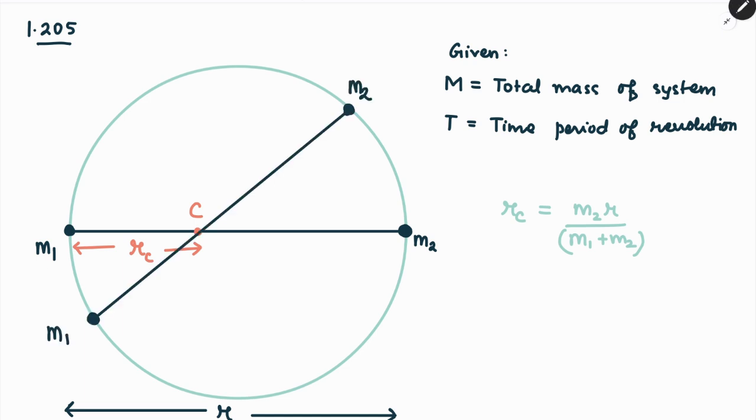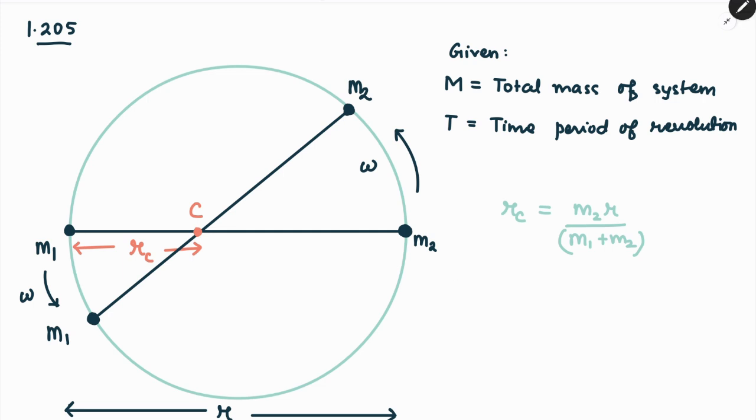So we can picturize that M1 moves from this point to this point after a certain time t, and M2 moves from this point to this point, but the position of center of mass remains unchanged. So if it is moving about C with an angular speed omega, then we can apply force equation for equilibrium of particle 1 and 2.